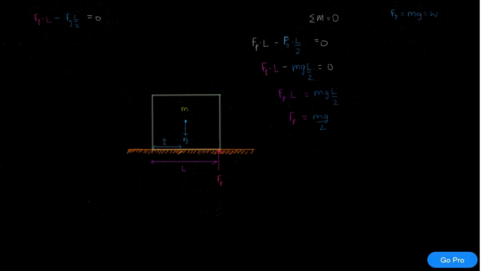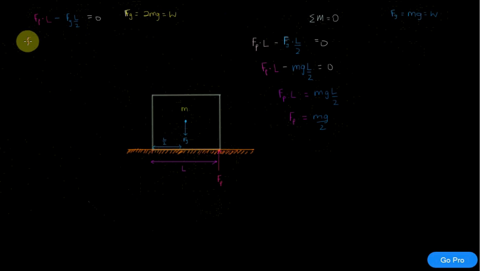Note, however, now that Fg is equal to 2mg, right? I've doubled the mass, so the weight of that particular object now is equal to 2mg. So that's all I'm going to replace within this formula over here.